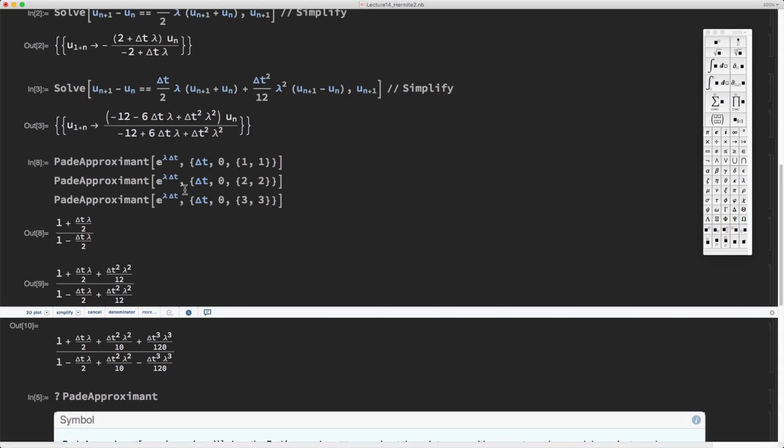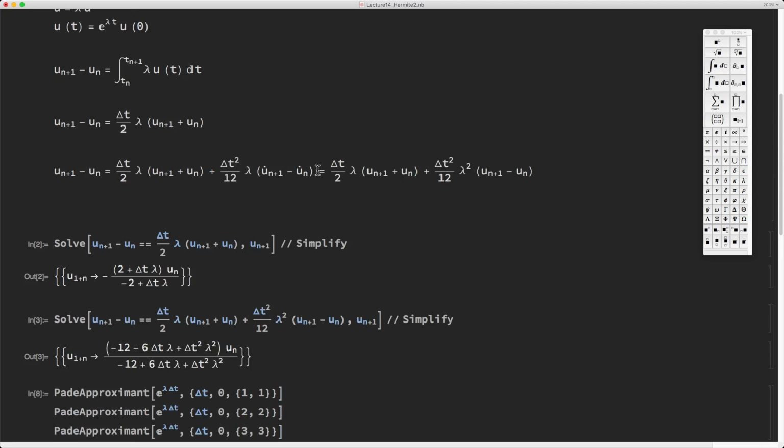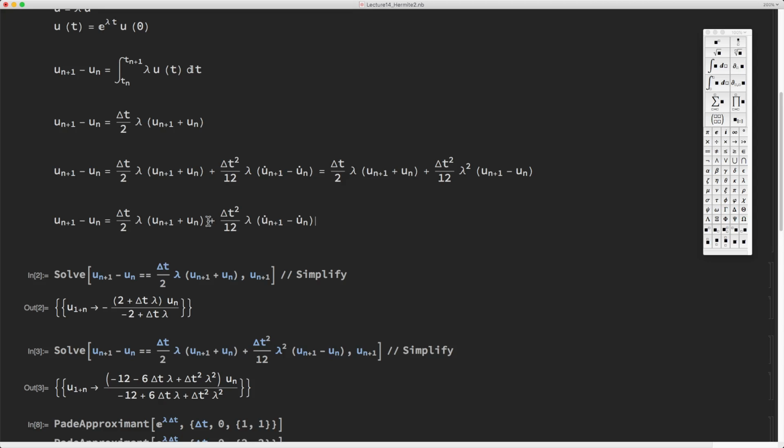And with the Lotkin rule that we learned earlier, the Lotkin rule would involve an equation like this. Let's write it down here. So this term would change to 10, and then the next term would be delta t to the cube over 120, and then here we have a second derivative, and this would be a plus.